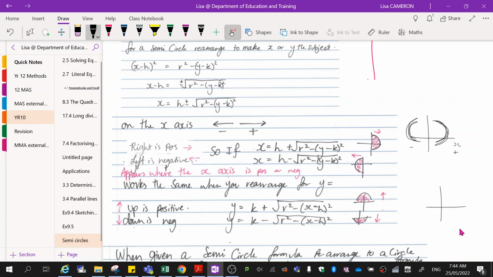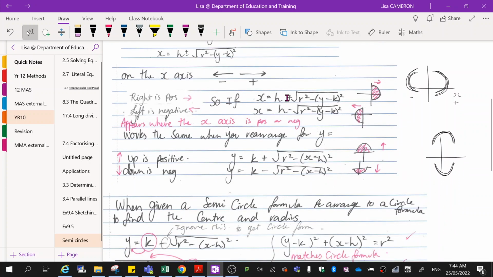The same thing is true when we're looking at y. If there's a plus in between them, it's going to appear in the direction where y is positive. And if it's negative, it's going to appear in the direction where y is negative. So that's how you tell which one of these you want. Do you want it to be going in the x direction or the y direction? And do you want it to be going up or down or left or right?